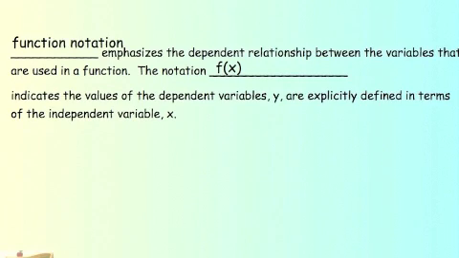And that indicates the value of the dependent variable y, also known as f of x, is explicitly defined in terms of the independent variable, which is x. The second most commonly used notation that I have seen is g of x. And in pre-calculus, I've also seen h of x being used to define functions.